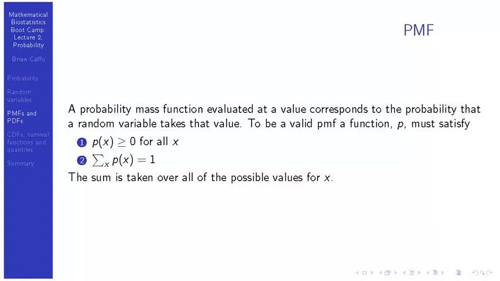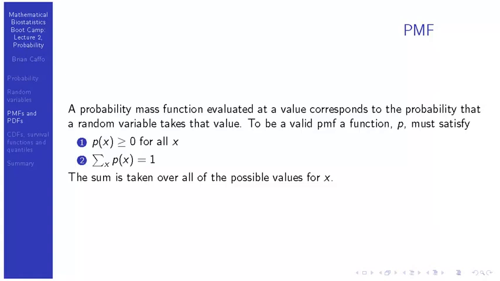I want to talk a little bit about this notation. Notice here I have a small x, and when we defined random variables two pages previously, we used a capital X. This is very common and maybe slightly unfortunate notation, but it's used everywhere, so you might as well get used to it instead of fighting it.